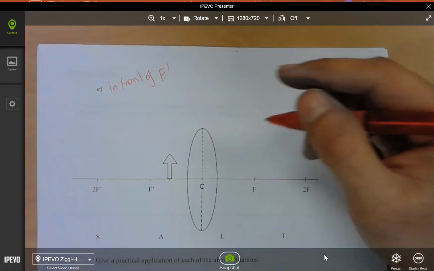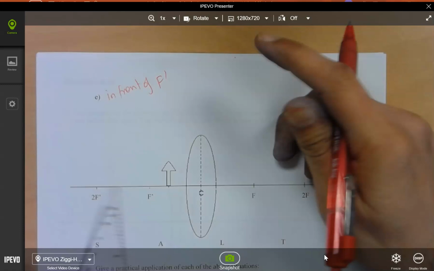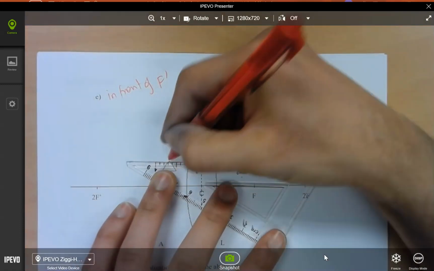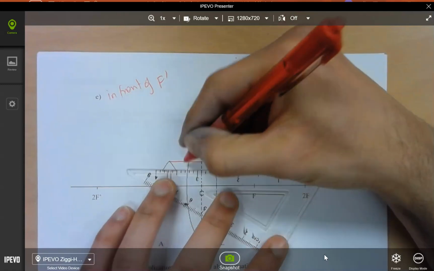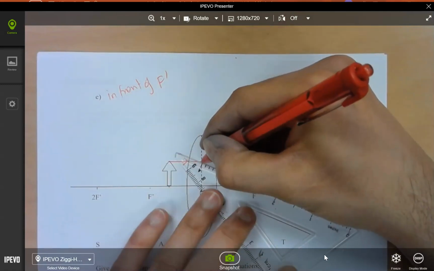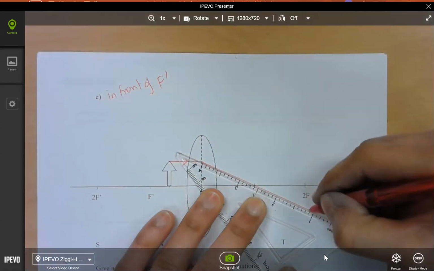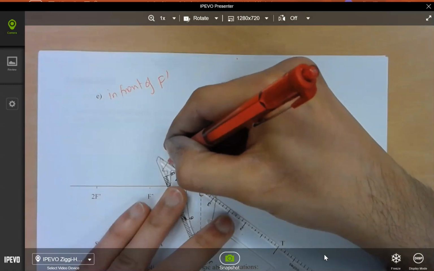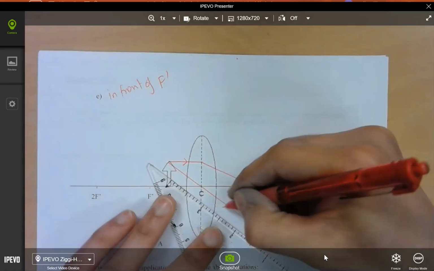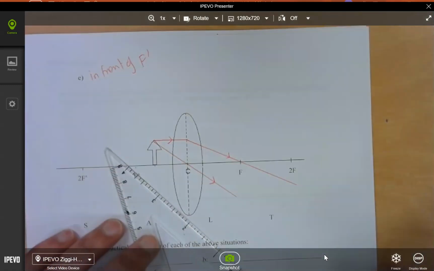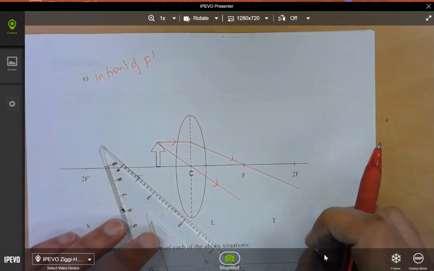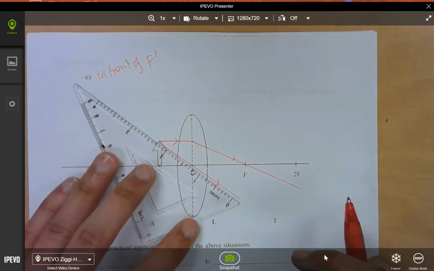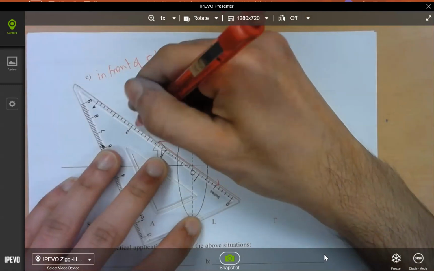Now this is again our tricky case, the last one that's kind of weird, because if we draw these two lines, they appear to be diverging on this side, so they'll never meet on this side. When we don't have rays that are meeting on one side, we have to extend them backwards with dotted lines.